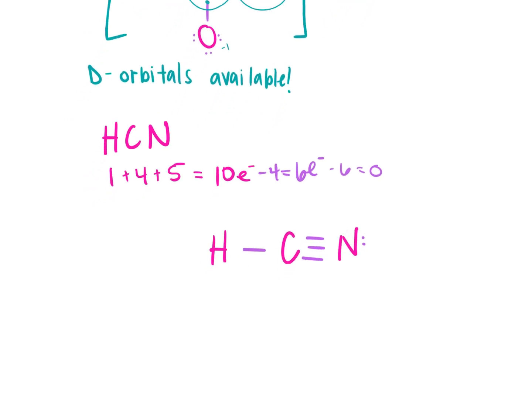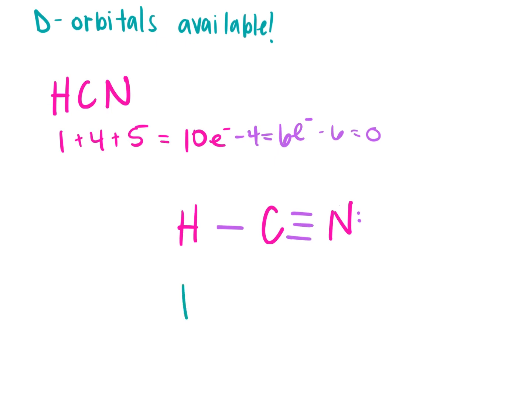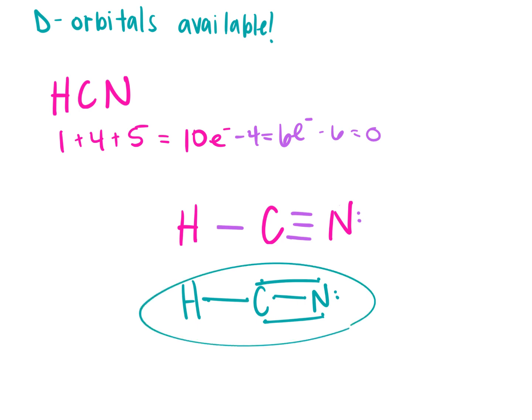I want you to look at it another way. Hydrogen had 1 electron, carbon had 4, nitrogen had 5, right? We're bonding, bonding, bonding, bonding. That's really what we're seeing here. I don't think it's time efficient to draw out the individual dots every time, but it does give us a visual for what actually happened.